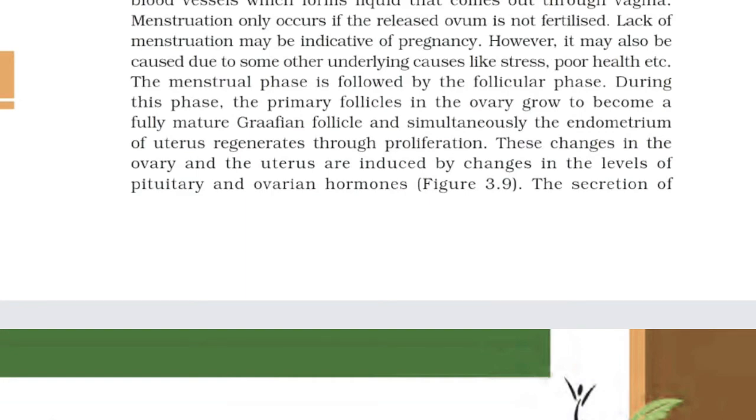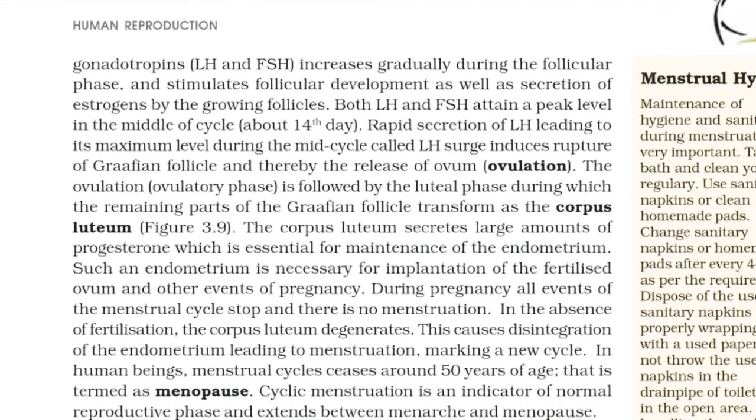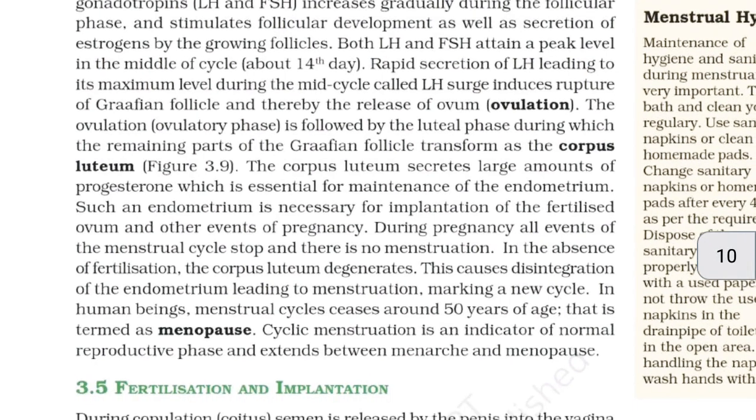The secretion of gonadotropins like LH and FSH increases gradually during the follicular phase and stimulates follicular development as well as secretion of estrogens by the growing follicles. Both LH and FSH attain a peak level in the middle of the cycle, that is about the 14th day.